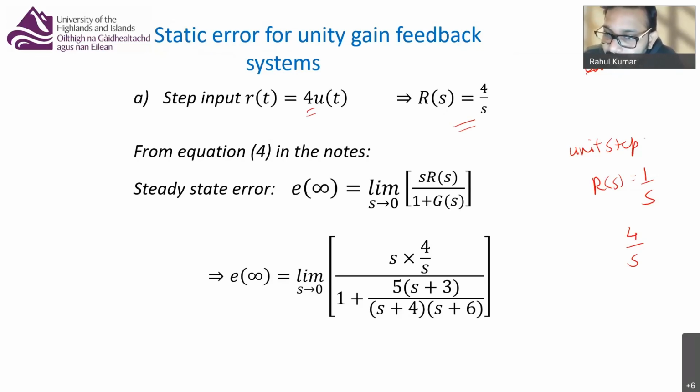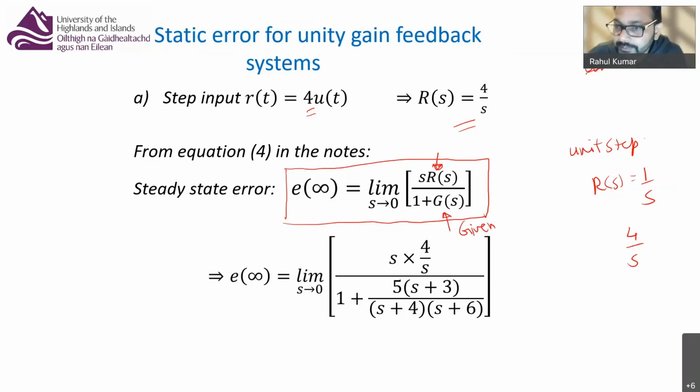Okay. I have the formula for steady state error. I have already discussed that. And here I am going to replace my input R of S by 4 divided by S, and G of S is also given.